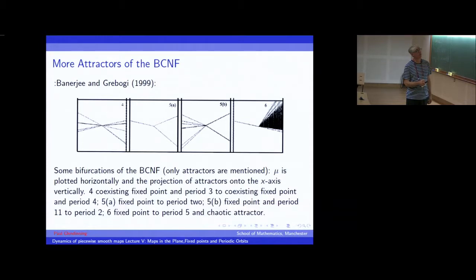So out of the period 3 somehow, the fixed point keeps going, and period 3 goes to period 4. This is a classic doubling type of thing. You've got period 1 going to period 2. Here, it looks as though you've got period 11 going to period 2, and here's a fixed point to a coexisting chaotic attractor and an orbit of period 5.